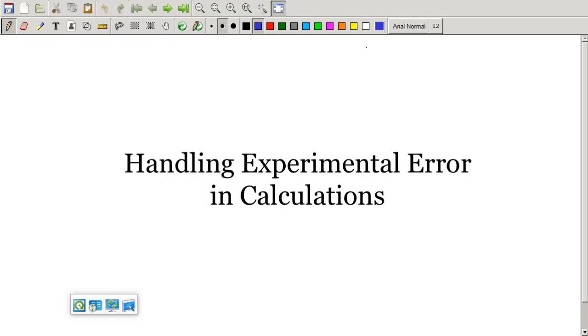Okay, so we need to think about error a lot because, again, oftentimes when you're doing analytical chemistry, what you're doing is basically testing things to make sure that they comply with some specification, whether it be a manufacturer's specification, whether it be an FDA specification or something like that.